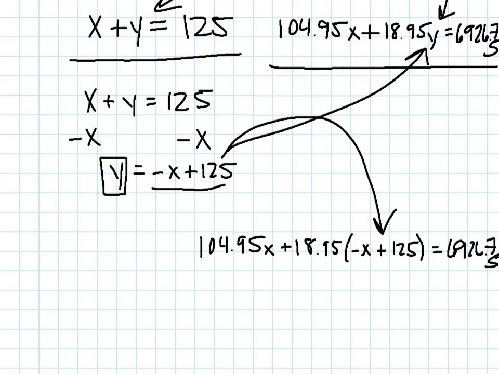So now I have a number in front of my parentheses. So what I've already taught you is that you multiply through.